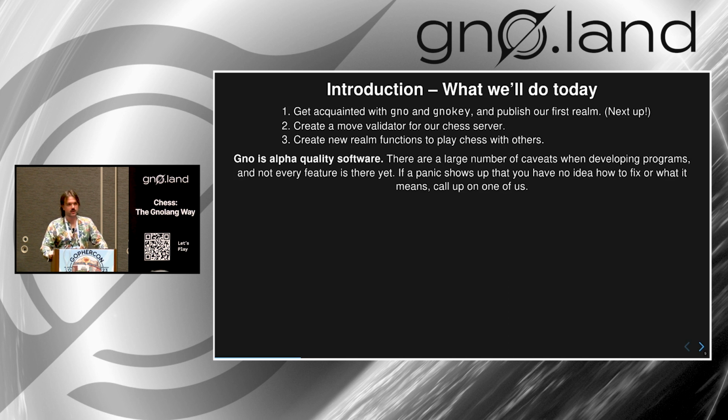Then in the second part, we'll get into what you're probably here for, which is the chess server, and we're gonna look at how we can write a move validator. Then in the third and last section, we're gonna look at how we can create realms to actually build up the networked chess server. So not just the move validator and the chess engine that we're building with it, but also how you can have players interacting with each other and playing chess on the blockchain.